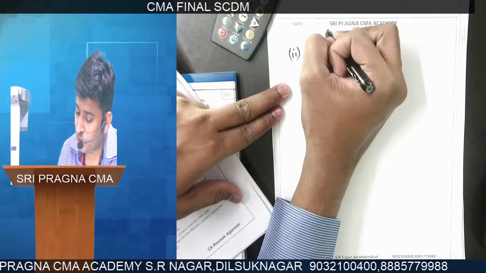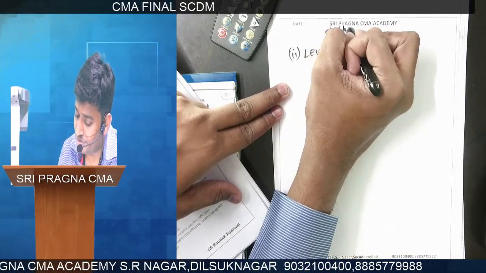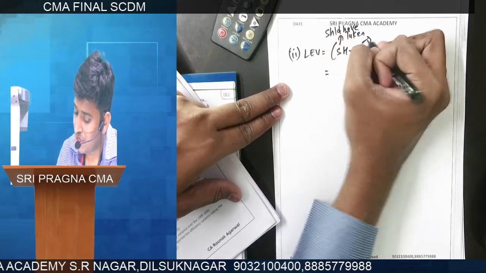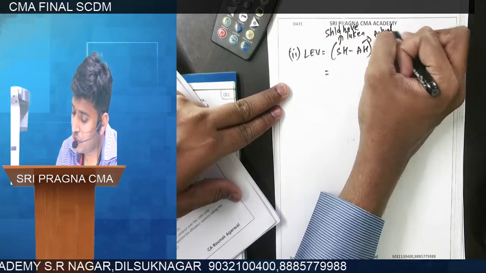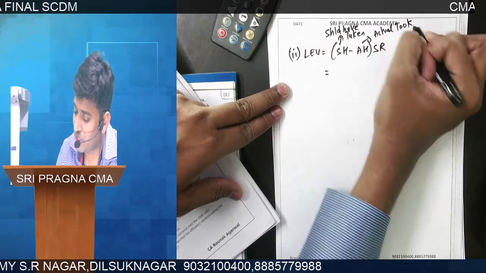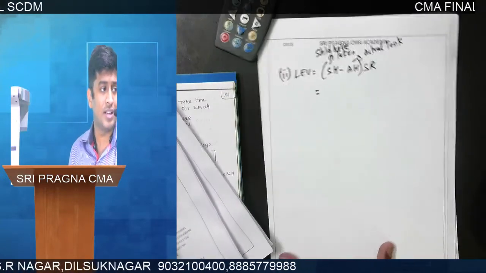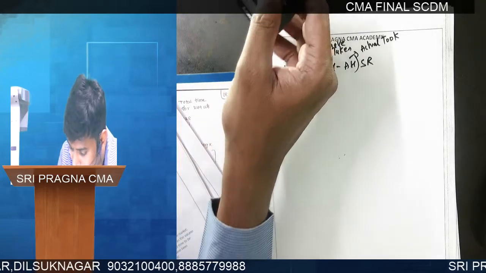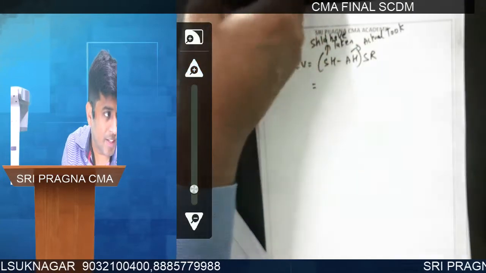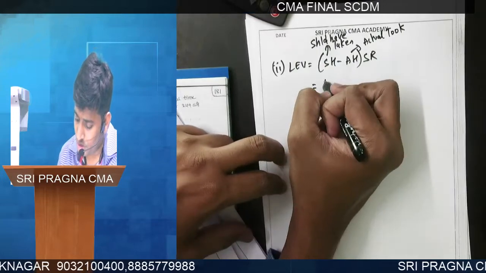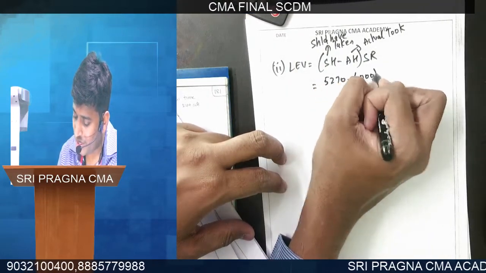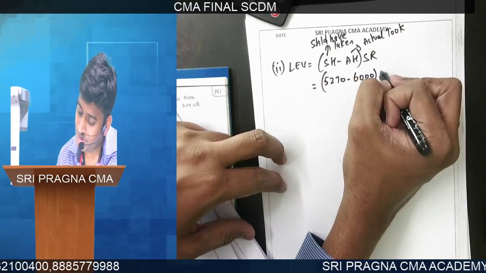This is what it should have taken, and this is the actual time taken. Right? Now tell me, how much is SH? 5270 minus 6000 into the rate per hour.